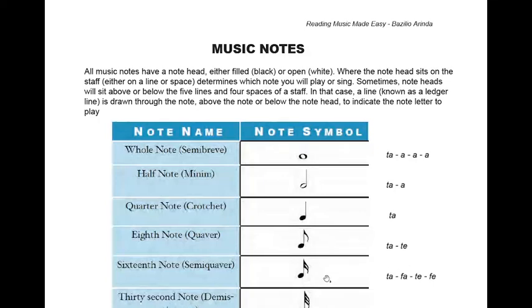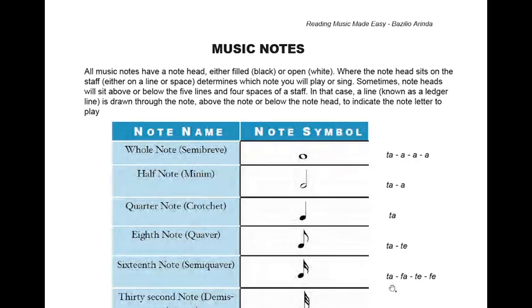Then 16th note. 4 of the 16th notes are equivalent to 1 quarter note. So instead of saying ta, if you're pronouncing 16th notes, you'll say tafatefe.